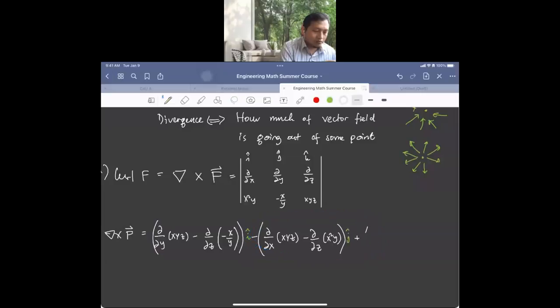Then plus partial x of negative x over y minus partial y of x squared y, this is k.